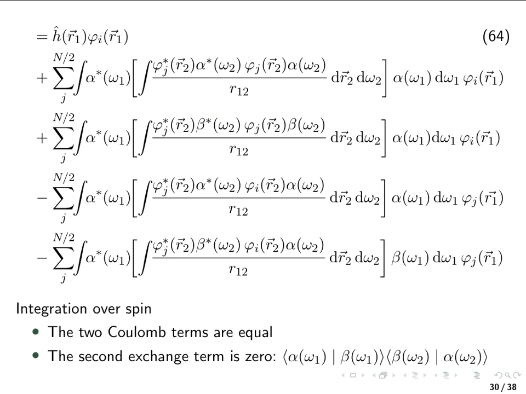And I have to do now the same with the exchange integrals, but I have to be careful now with the exchange. So again here I have psi j, which has now alpha spin. So here I had psi j of electron 2, which becomes now phi j of electron 2 with alpha spin.